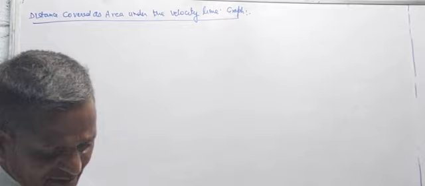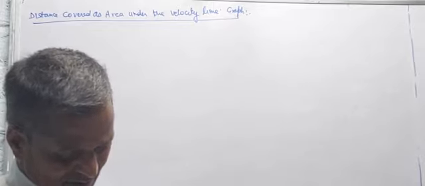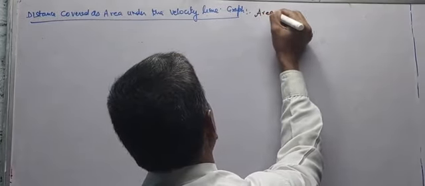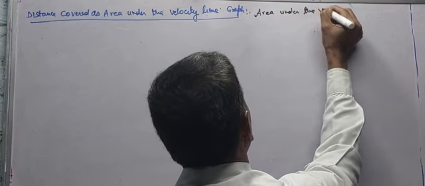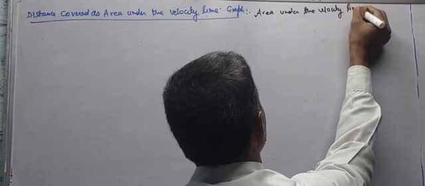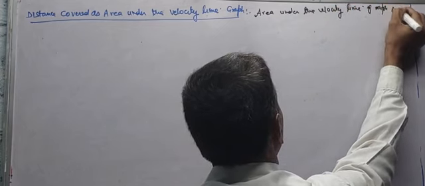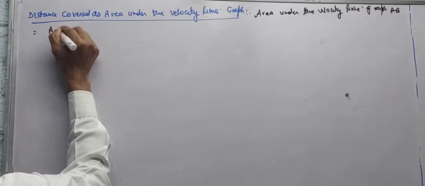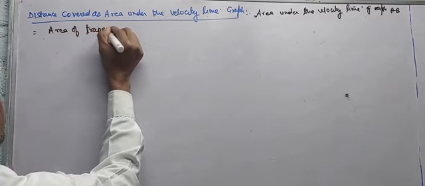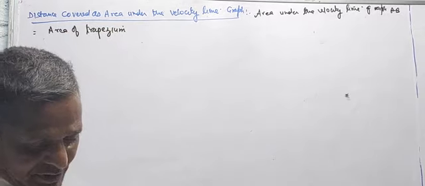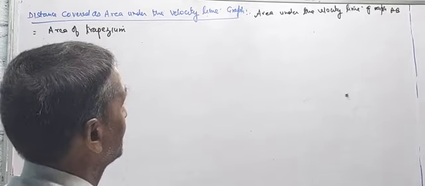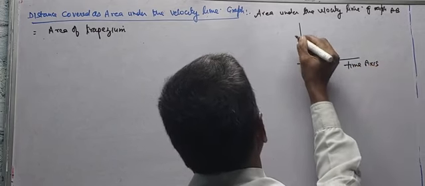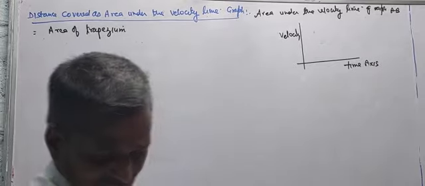Area under the velocity time graph AB equals area of trapezium OABD.